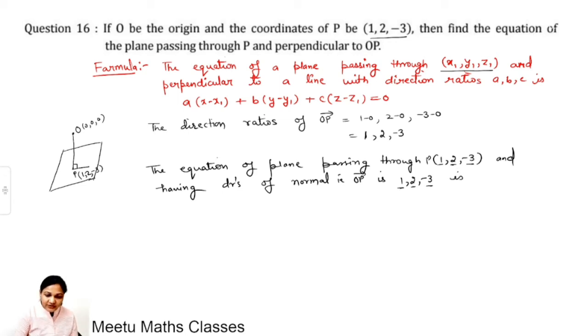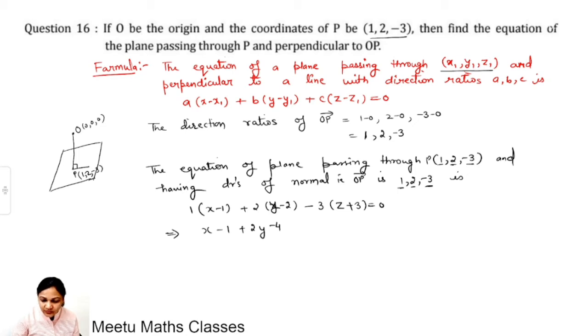So the required plane is 1 into x minus 1 plus 2 into y minus 2 plus minus 3 into z plus 3 is equal to 0, and this implies x minus 1 plus 2y minus 4 minus 3z minus 9 is equal to 0, and this implies x plus 2y minus 3z, and this will give you minus 1 minus 4 is minus 5, minus 9 is minus 14, is equal to 0.